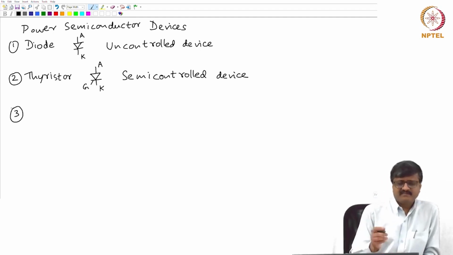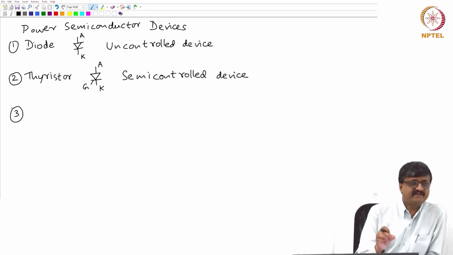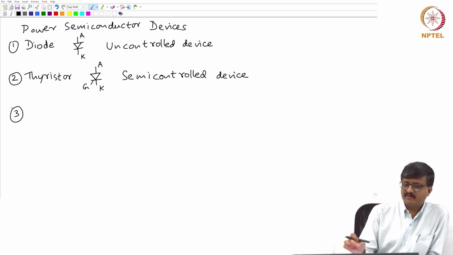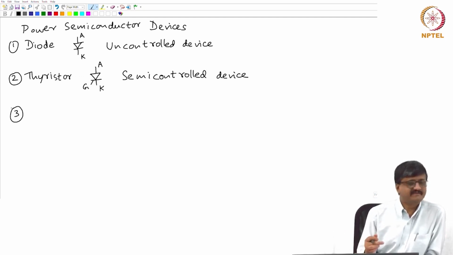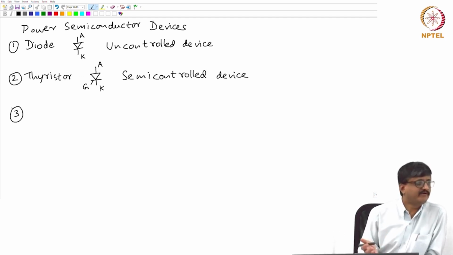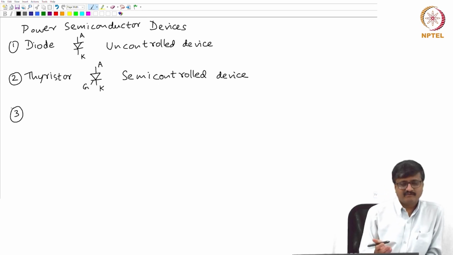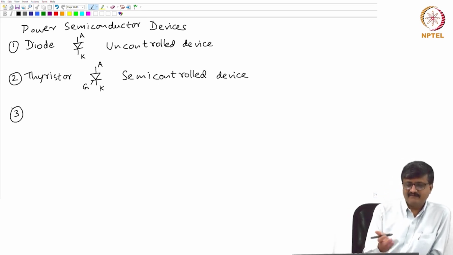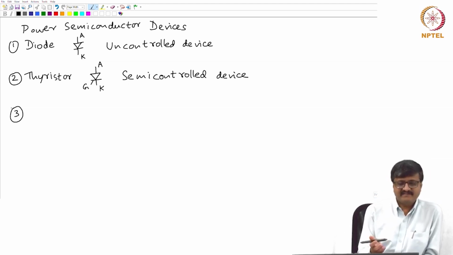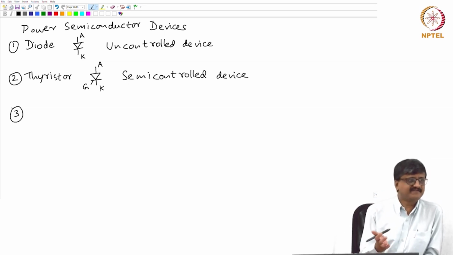So I gave some names directly. In fact, the examples were given directly for uncontrolled device and semi-controlled device, because we are aware of only one uncontrolled device, that is diode, and one semi-controlled device, that is thyristor. Now, when I am saying we are aware of only one example, I mean that these are the practical examples which can be used for power circuits at the transmission level.